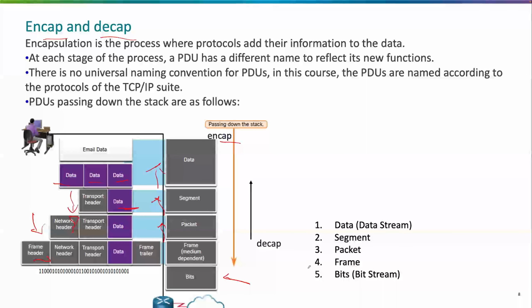For the data link layer, we call it a frame. For the IP or network layer, we call it a packet. For the transport layer, we call it a segment or datagram. Each layer has its own particular term.